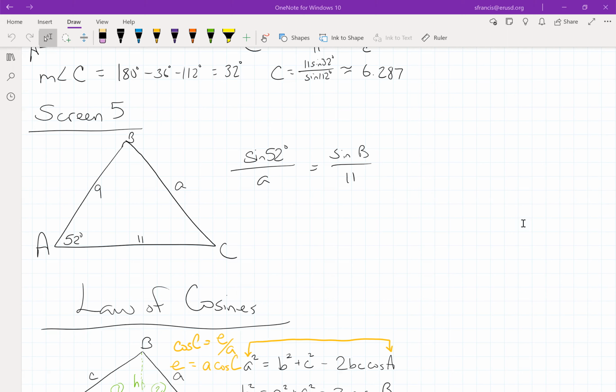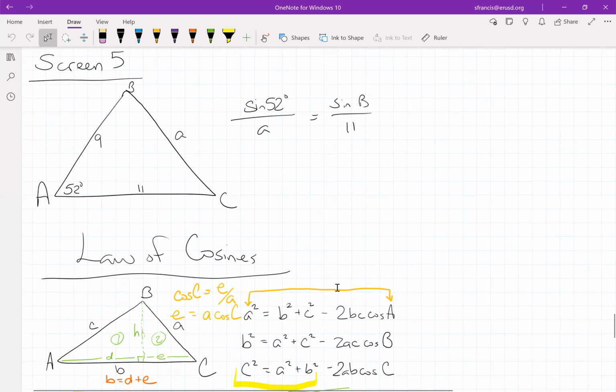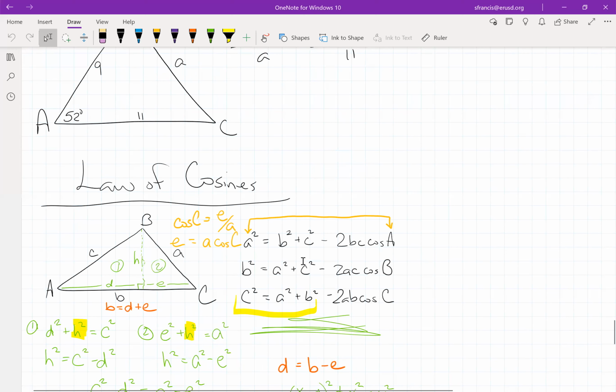Argentina, I disagree with your value for A. But you got to use the rest of the formula, Cyrus. You got that minus 2 times the product of the two sides times the cosine of the angle.